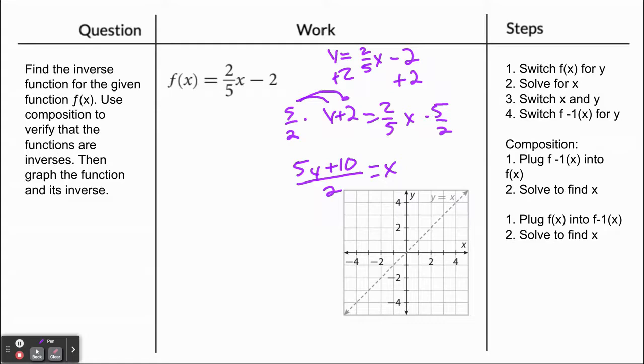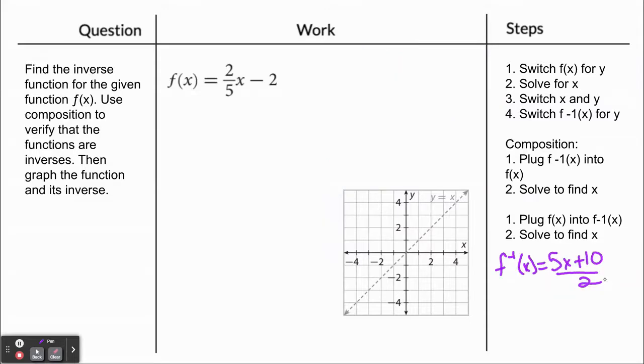Now I'm going to switch out x and y to get y equals (5x plus 10)/2. And then my inverse is going to be f negative 1 of x equals (5x plus 10)/2.